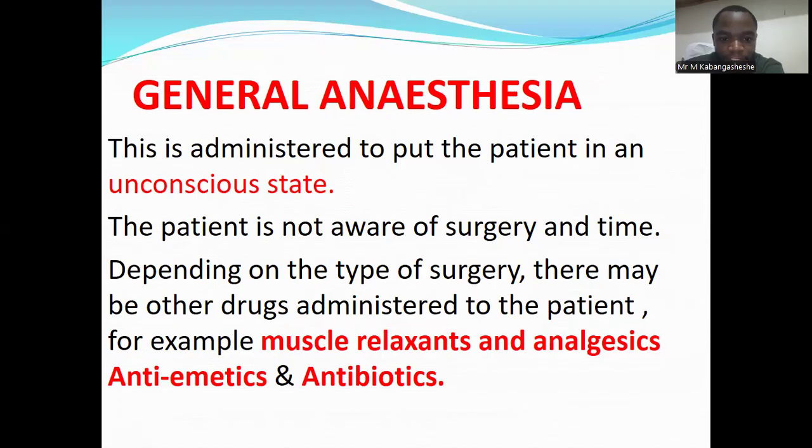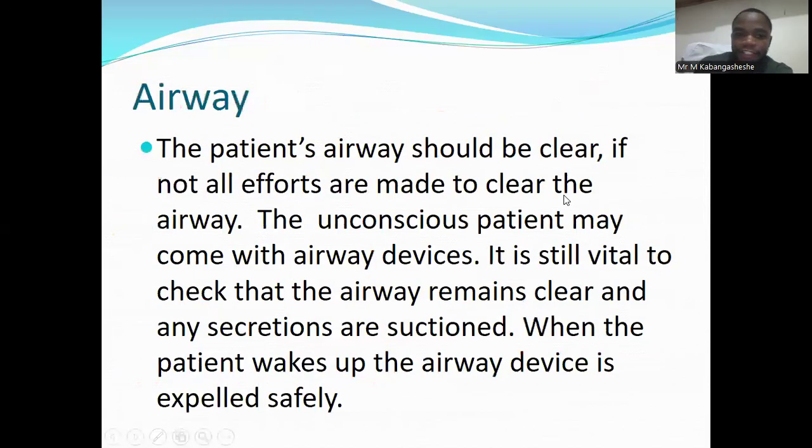The major the operation, you expect severe pain in such cases. Other drugs that can be given to the patient are muscle relaxants, analgesics, antiemetics, and antibiotics. So these are drugs, and you know that drugs also have side effects. Therefore, you must be able to monitor those side effects, what you call pharmacovigilance.